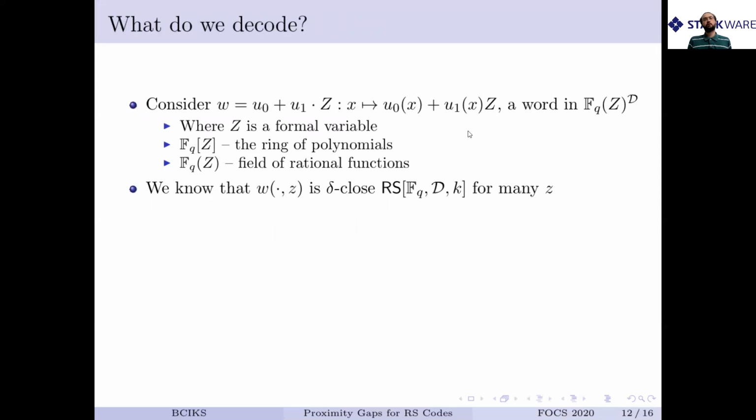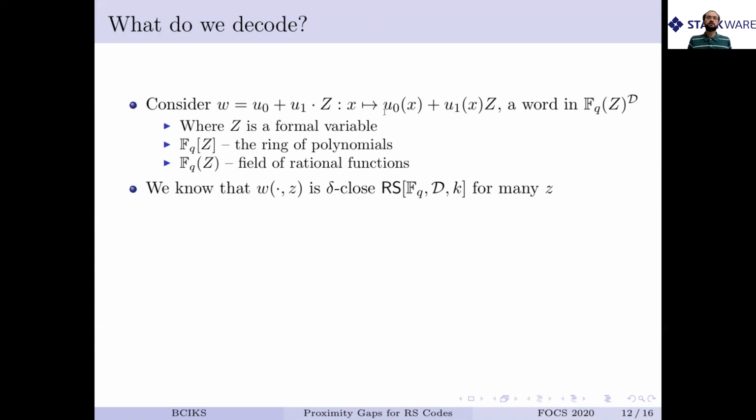So what exactly do we use these decoders for? We have a word u0 plus u1 times z, where z is a formal variable. We can think about it as a word from our evaluation domain to the space of rational functions in Z. In this case, they are actually linear polynomials in Z, but if we want to consider it as a field, then it would be a field of rational functions, where for every x, we get just the linear combination of 1 and Z with coefficients u0(x) and u1(x).